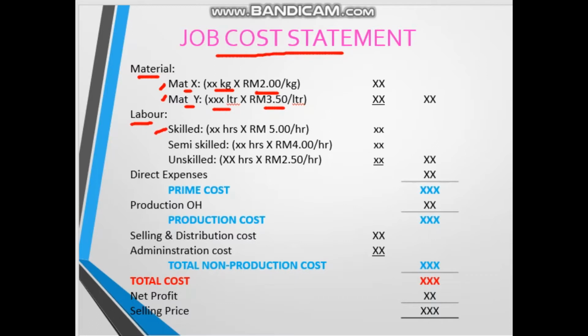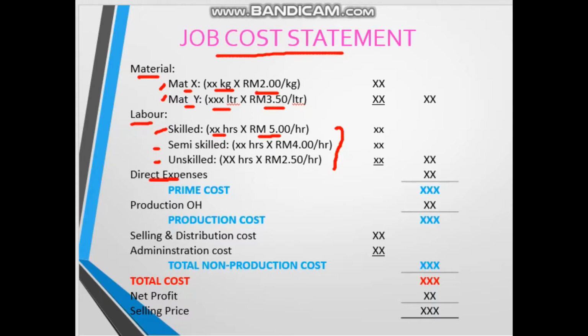Then we add the labor. Maybe we have skilled, semi-skilled, and unskilled. We have to look at that particular job, how many hours they required and the rate per hour for the three different scales. Maybe for that particular job, we only have one type of labor. It depends on the question. What about the direct expenses?